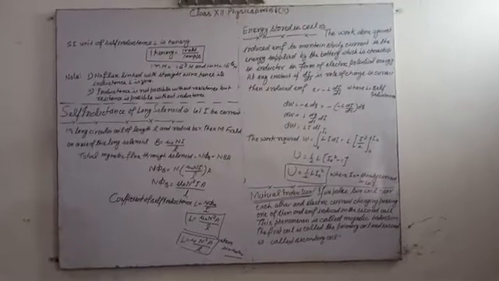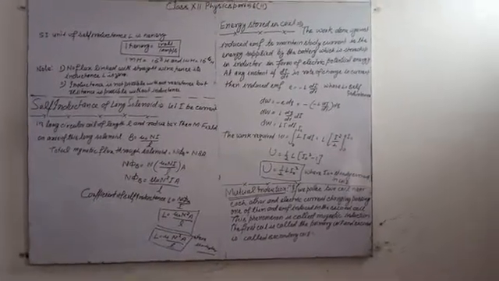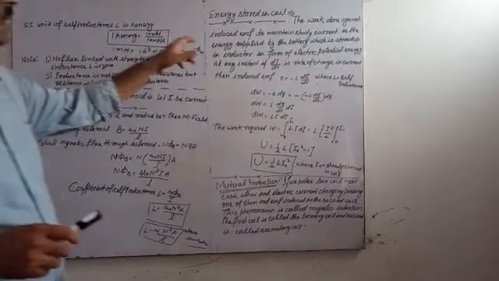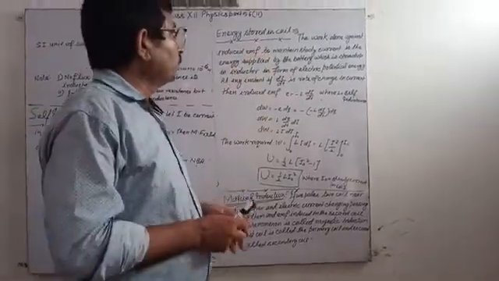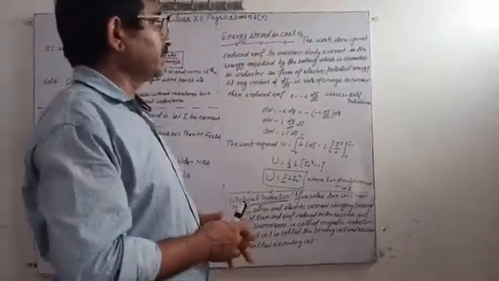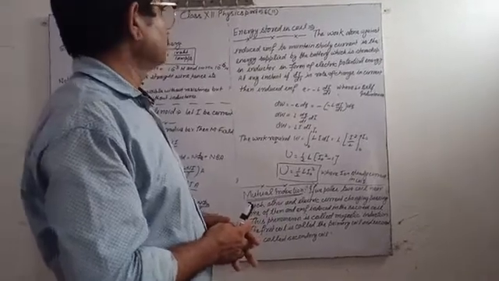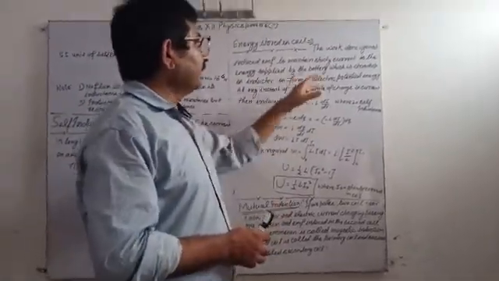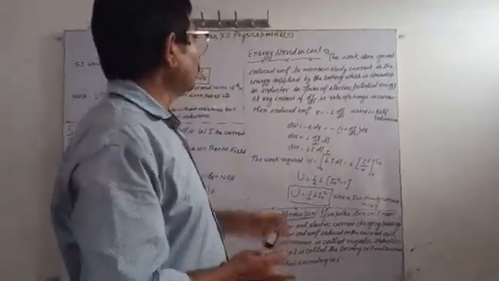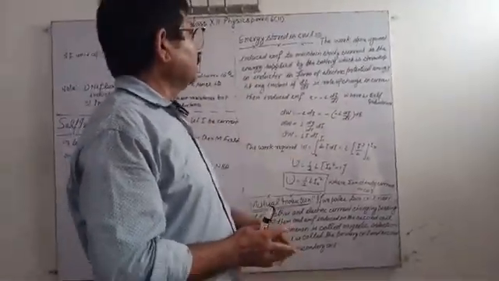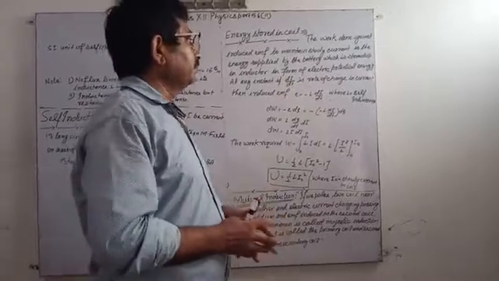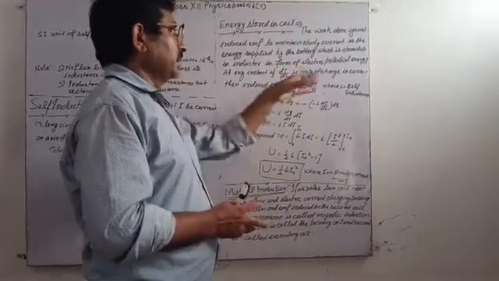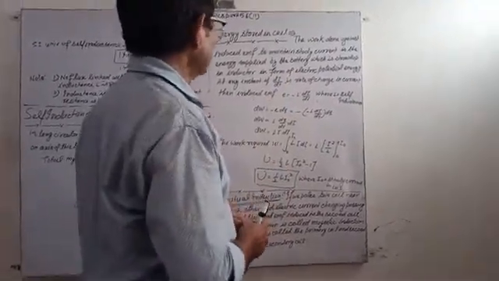Now next, energy stored in a coil. The work done against the induced EMF to maintain a steady current I naught is the energy supplied by the battery, which is stored in the inductor in the form of electric potential energy.